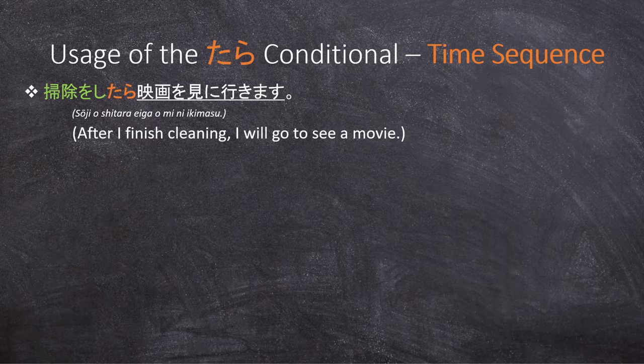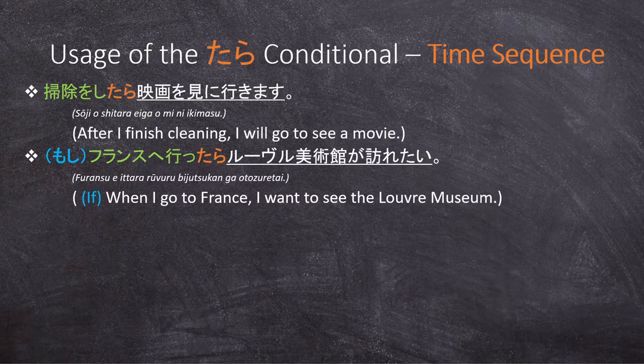Now, if you hear this sentence or read it in everyday Japanese, you can get confused because here both when and if could be used, although not appropriately. There will be certain, let's say, degrees of adjustment that you would have to do, but still it is a possibility. So in order to use Tara as a conditional, we should always add Moshi, as you see here in our second sentence.